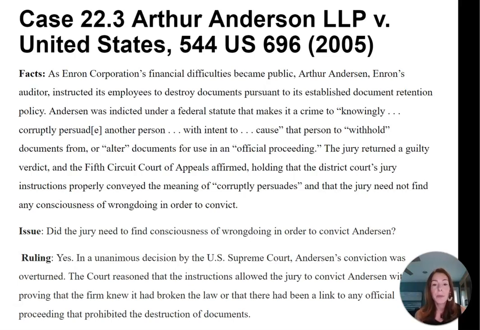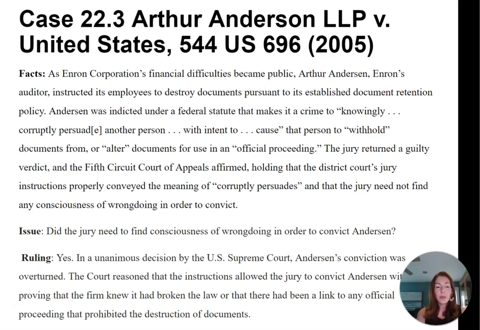The Fifth Circuit Court of Appeals received the appeal. They affirmed the decision, finding Anderson guilty, holding that the district court's jury instructions properly conveyed the meaning of corruptly persuade, and the jury didn't need to find any consciousness of wrongdoing, any intent in order to convict.